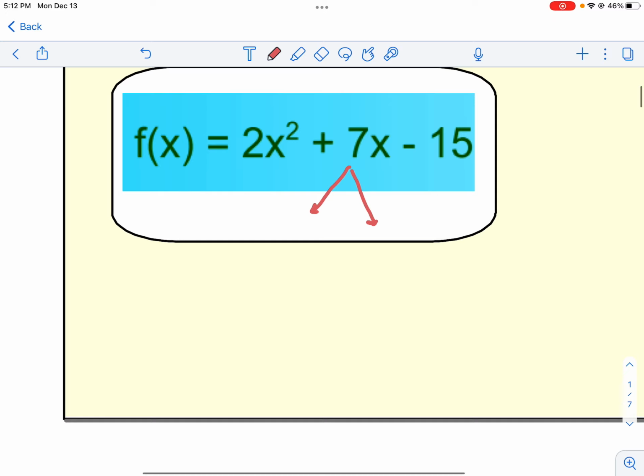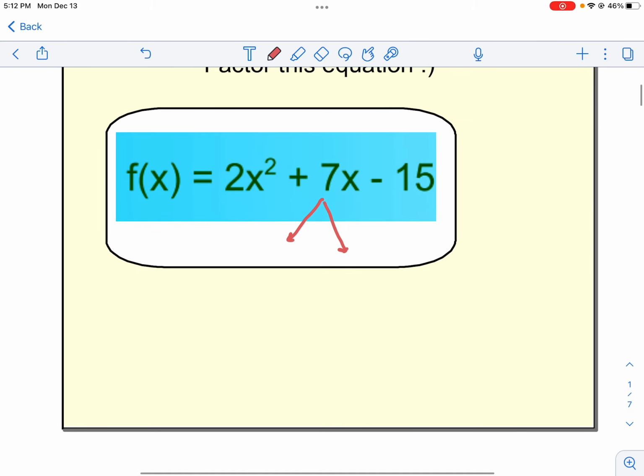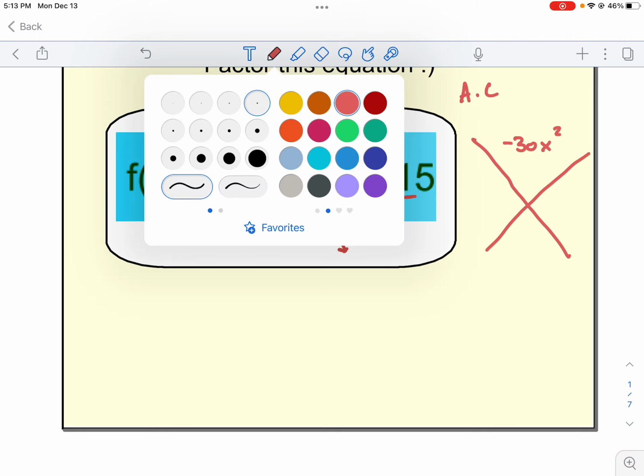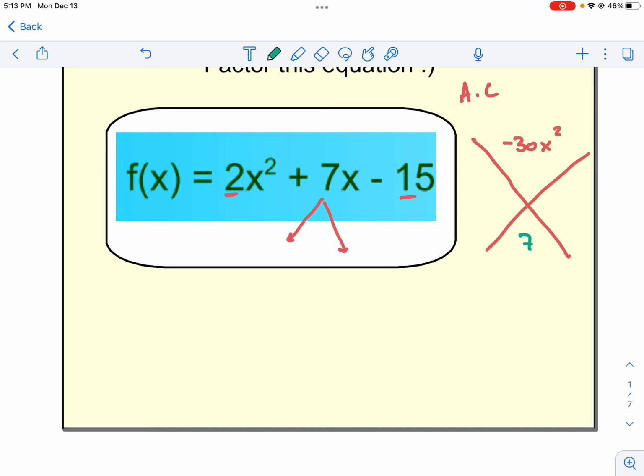The way we know what is the right combination is it has to match A times C. And A times C is negative 30, because 2 times negative 15 would be negative 30. We need this to add back to 7, my original green 7 that's in this equation.